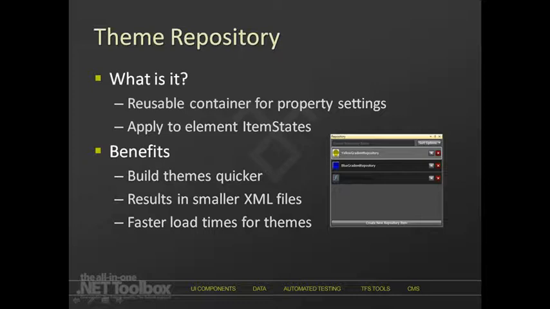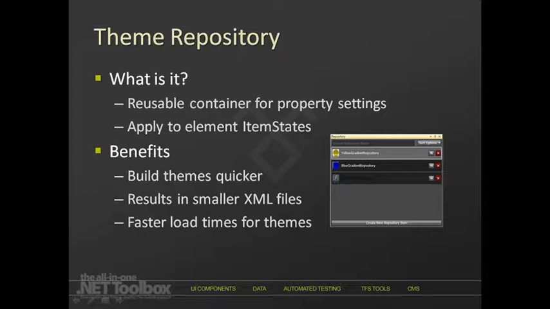And since you can create these reusable containers, this actually results in a smaller XML file once you output your theme for use in your application, because basically all of your controls will be referencing these repositories, whereas previously, since you had to set individual property settings on all of your controls, that means if you used the same property settings across all controls, it saved all of those individual property settings.